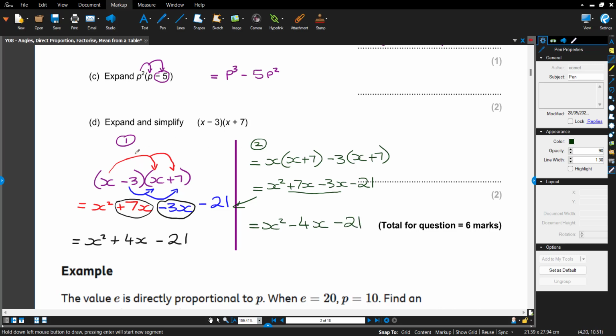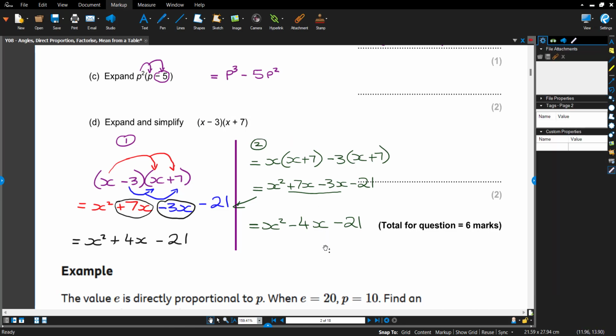So you can use this, I think in England they call it FOIL, but anyway, whatever. I just call it multiplying brackets. And then here you can split the brackets. So you can pretend it's x times that, and then the second part you pretend is minus 3 times that. And yeah, that's it.